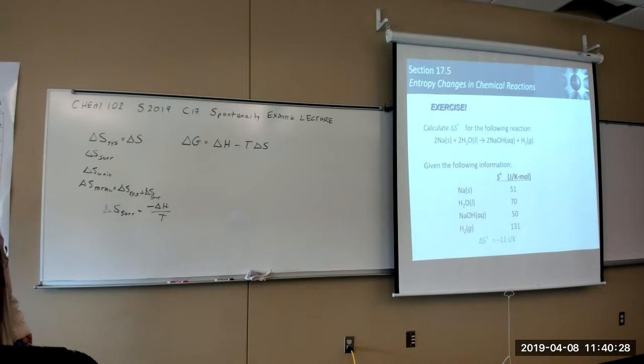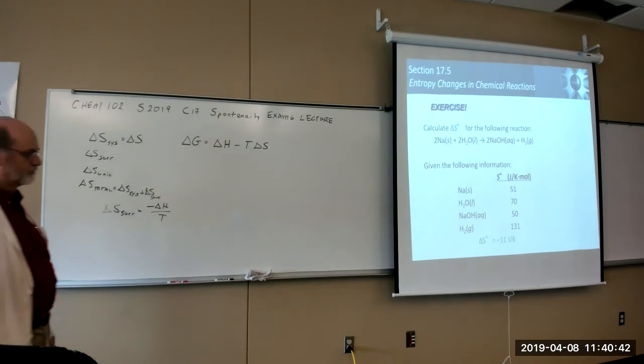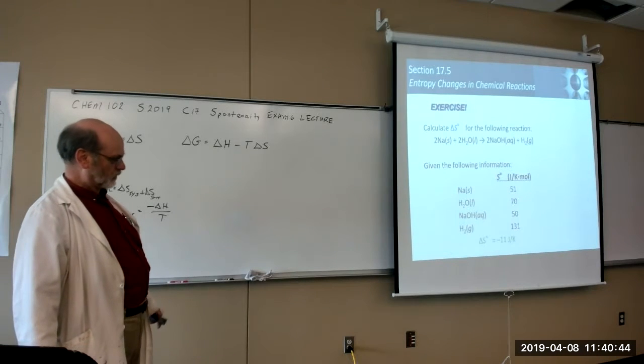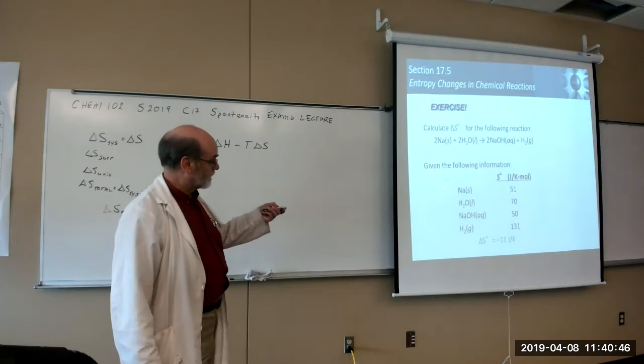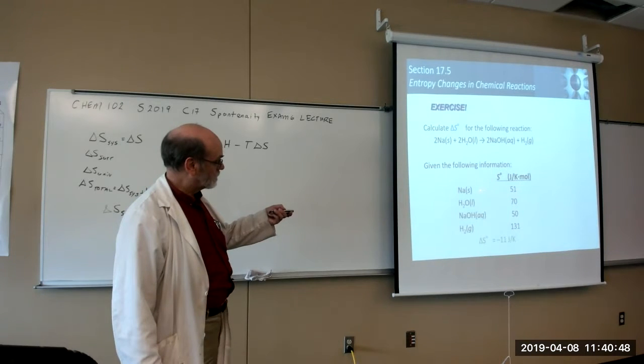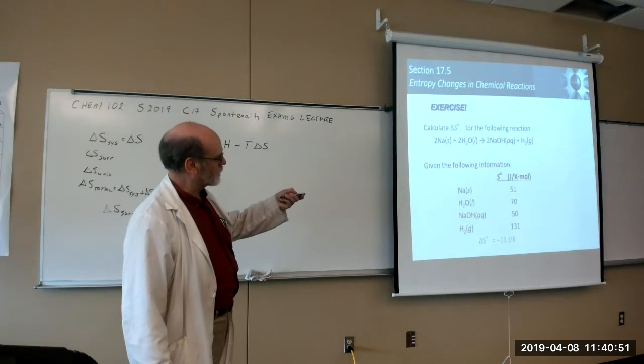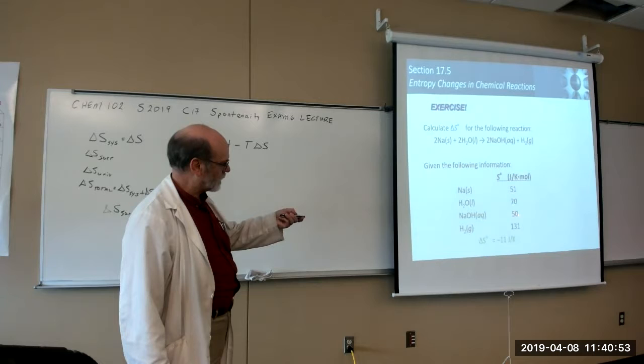Oh, yes. And I like simple math, so this is simple. We're adding up, and in this example, it's calculated for water, it's calculated for sodium hydroxide, per molecule. So you would have to multiply this one times 2. Well, let's start here, products minus reactants. So 2 sodium hydroxide would be 100.